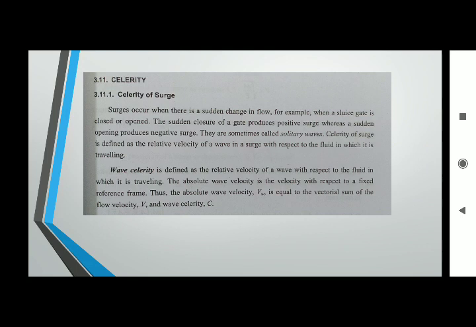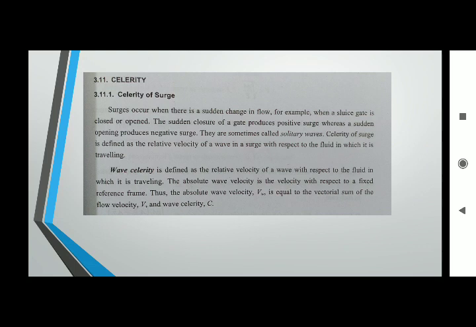If the shutter is closed, the upstream water depth increases suddenly, and on the downstream or river side, water depth decreases suddenly. That is called surge. So a sudden closure of a gate produces a positive surge, whereas a sudden opening produces a negative surge.